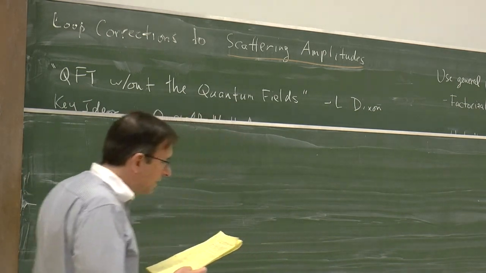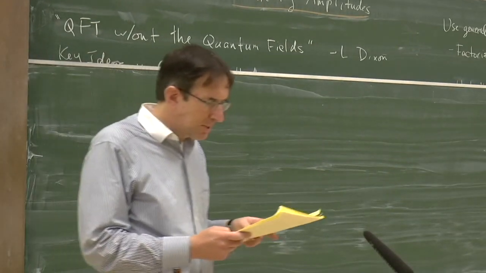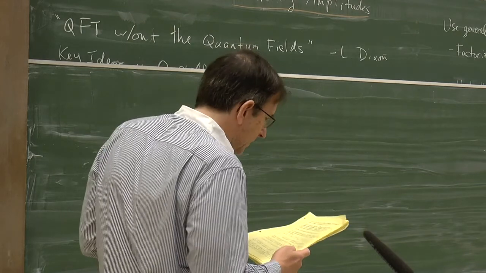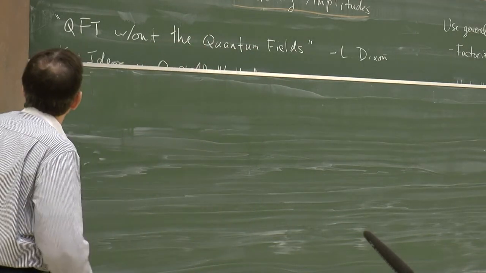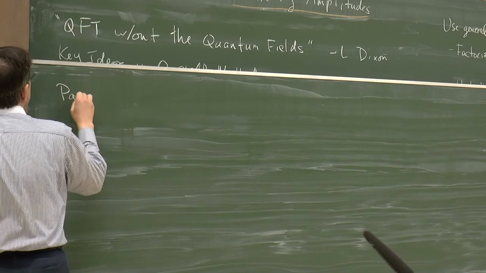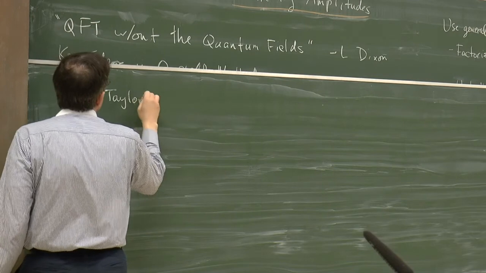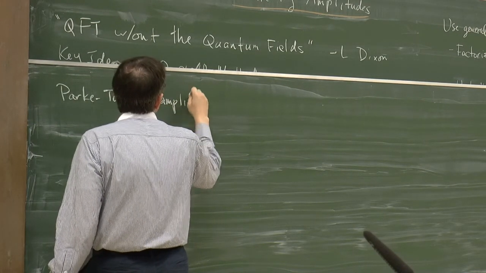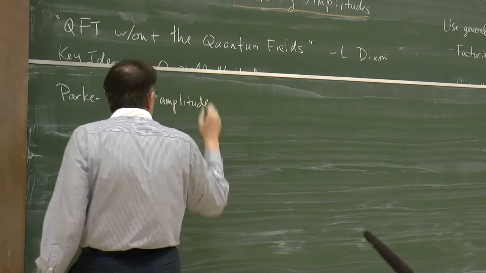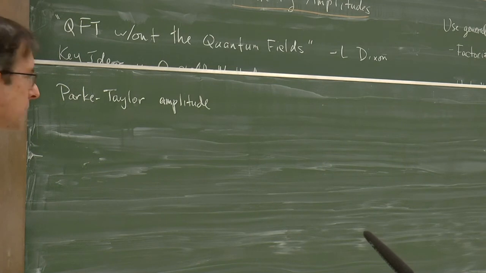So, you've already seen the Parke-Taylor amplitude a few times. I'm not going to write it down here again. And the thing that I do want to remind you is that it's an incredibly simple formula that is summarizing the results of calculating an infinite number of Feynman diagrams.